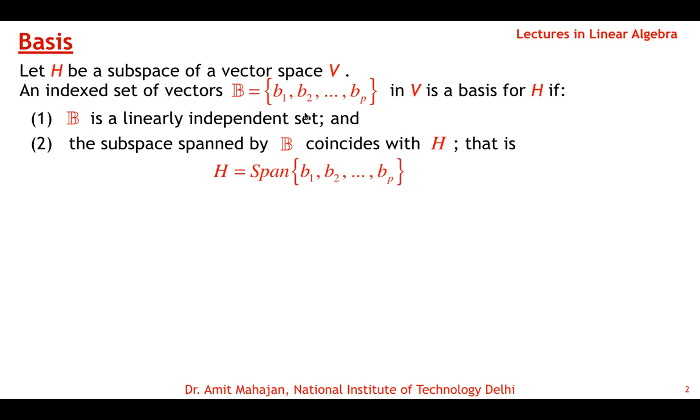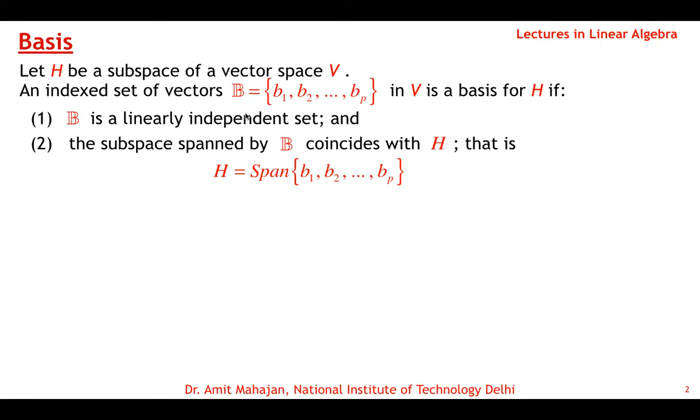The second condition is that the subspace spanned by B coincides with H. That means H is the span of these vectors in the B set. So any vector in H can be written as a linear combination of these vectors b1, b2, bp.